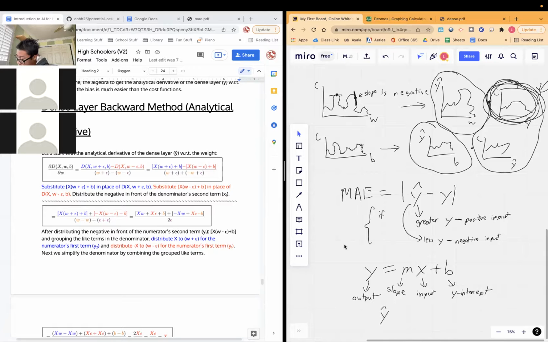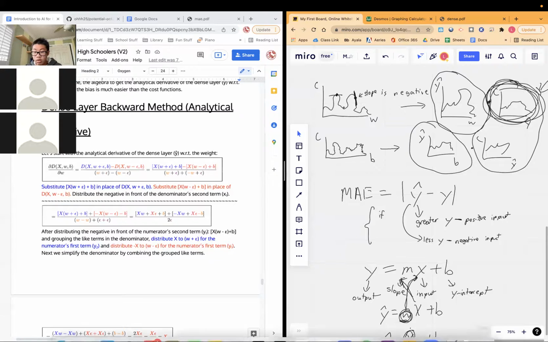So our equation has become xw plus b. If you replace m with x and x with w, what you get is xw plus b. Over here, x is the slope, because it is in relationship to w.